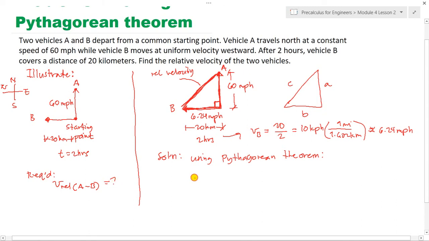So, I can just write as the V relative squared is equals to yung velocity ng A squared plus the velocity ng B squared. So, since hinahanap si V relative squared, so, yung velocity ng A is 60 miles per hour. So, that is 60 squared plus 6.24 squared. Then, simplify. So, we have here 60 squared plus 6.24 squared.